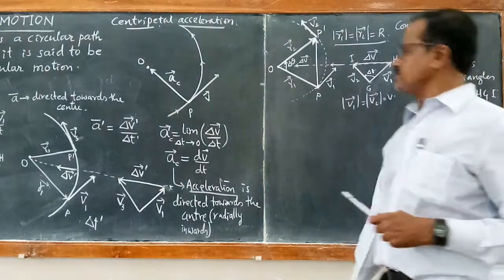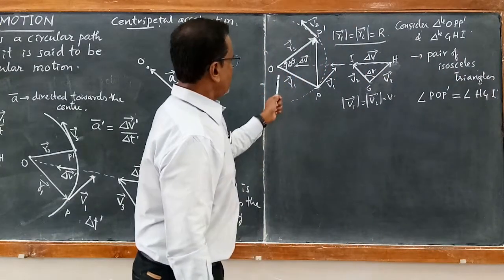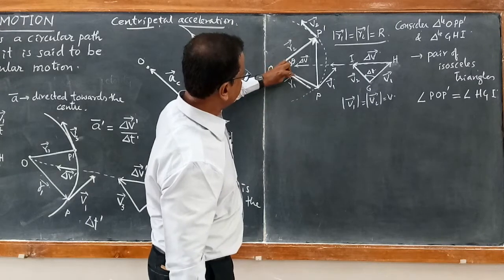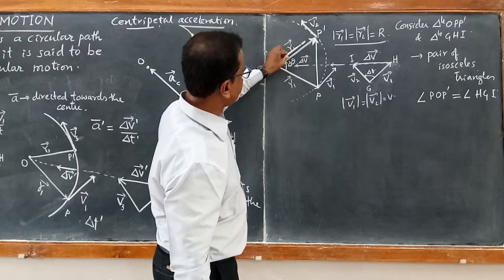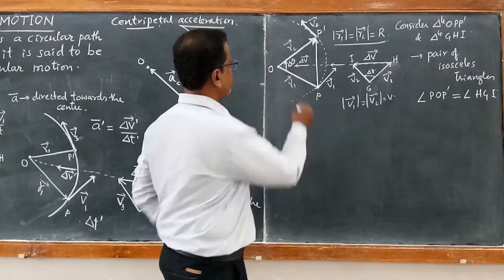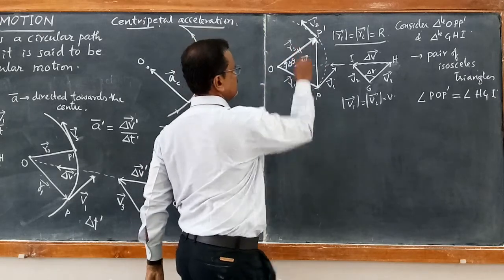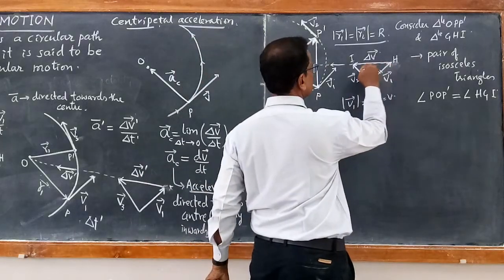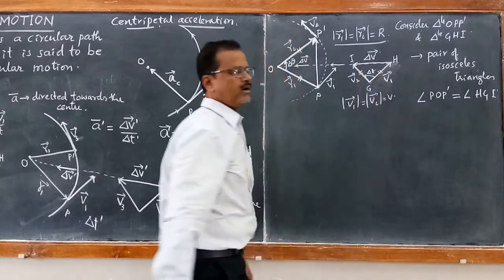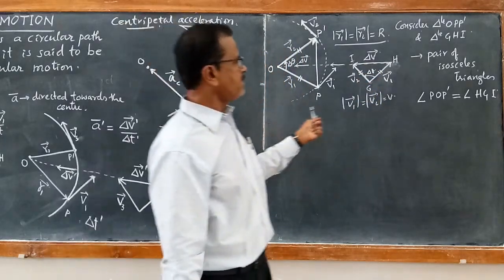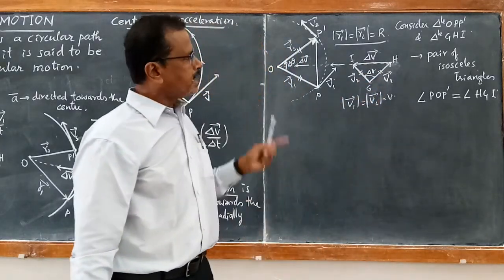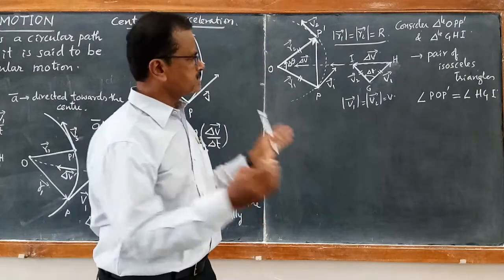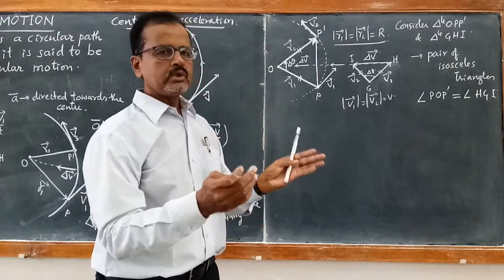And the magnitude of R1 is equal to the magnitude of R2, therefore these are of equal lengths. And the magnitude of V1 is equal to the magnitude of V2, these are also of equal lengths. Thus, they form a pair of isosceles triangles, and thus they are also similar triangles.